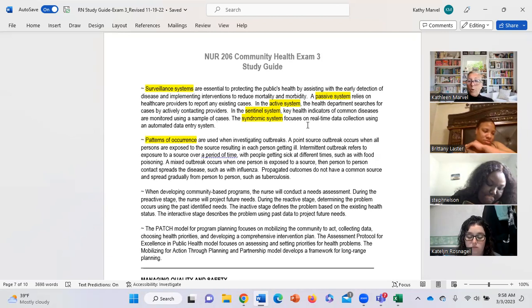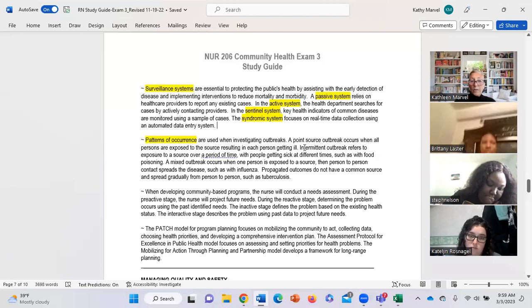So say a hospital reports 5 people coming in, ate the same restaurant, they're all sick. It has to be reported to the health department. Then the health department in an active system starts to search for any other cases. Maybe contacting other hospitals if you had any people show up in your ER with this. Okay, and then there's a sentinel and syndromic.